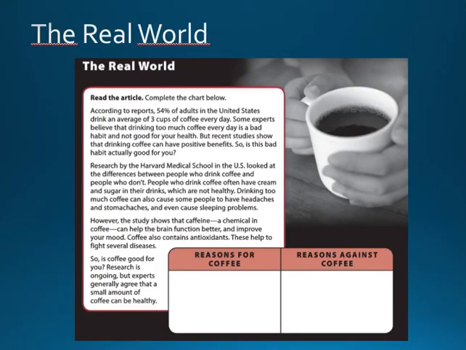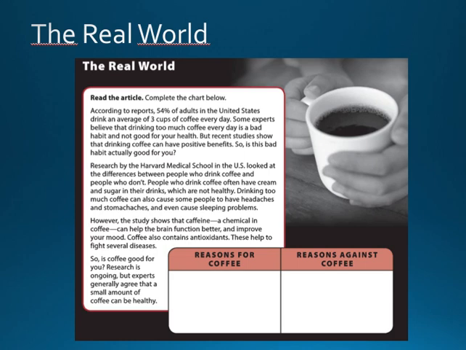Then we have this little reading. What we need to do here, first we need to read this extract, and then in these boxes, the ones that you have at the end, on this side you need to put the reasons for coffee, and on the other, the reasons against coffee.